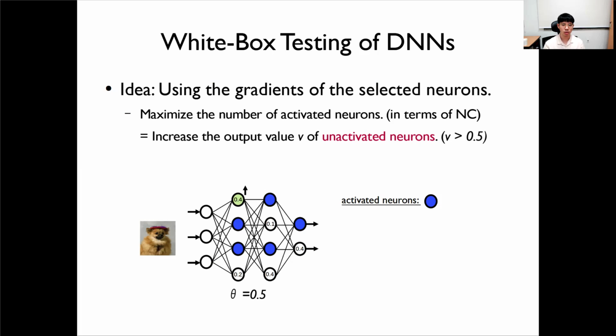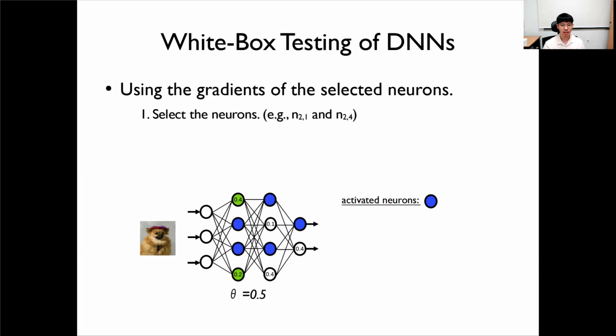To do so, we calculate the gradient of the selected neurons and add it to the new input for changing the selected neuron status from inactivated to activated.